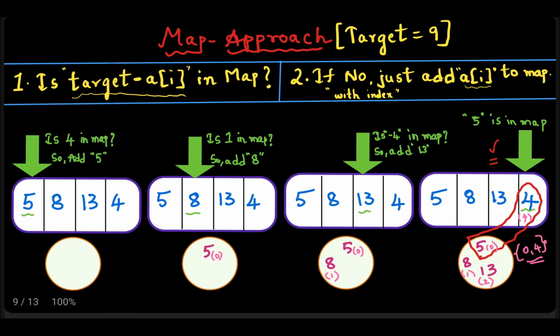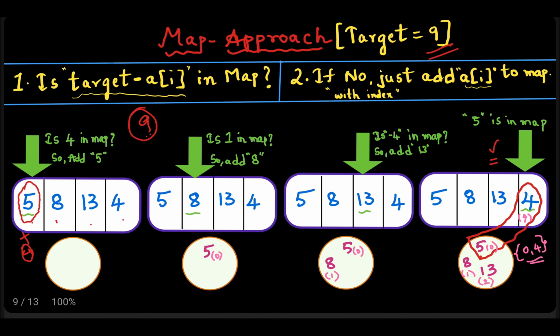Now, let's take an example: 5, 8, 13, 4 and the target is 9. A small catch here. Our first number is 5. I want target 9. How can 5 form 9 if I add a number?